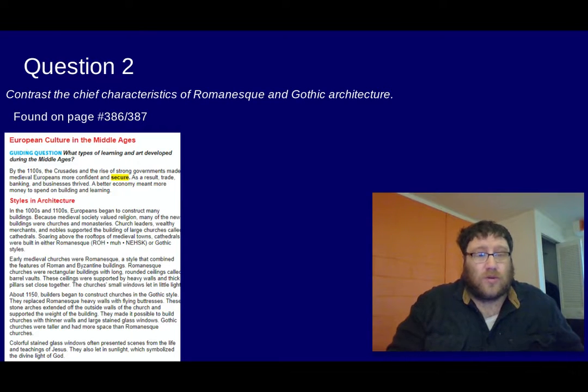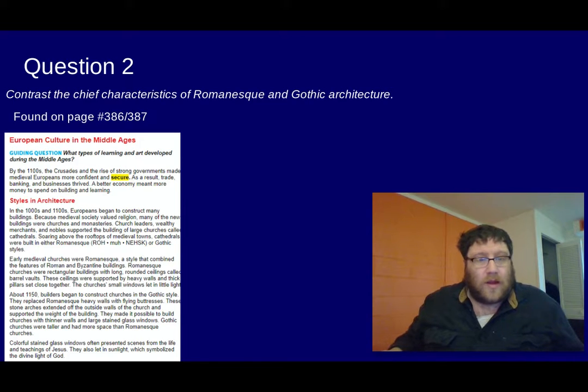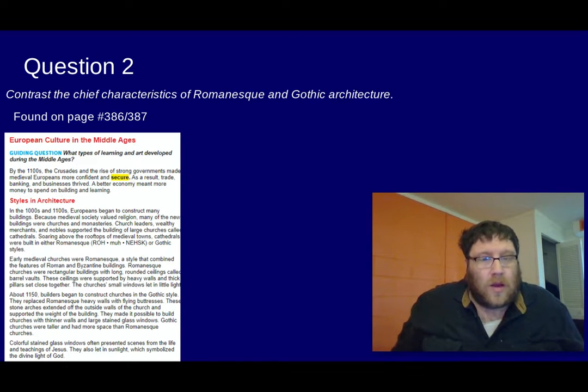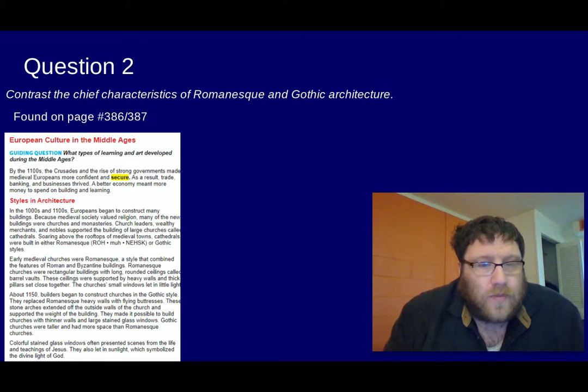Romanesque churches were rectangular buildings with round ceilings called barrel vaults.